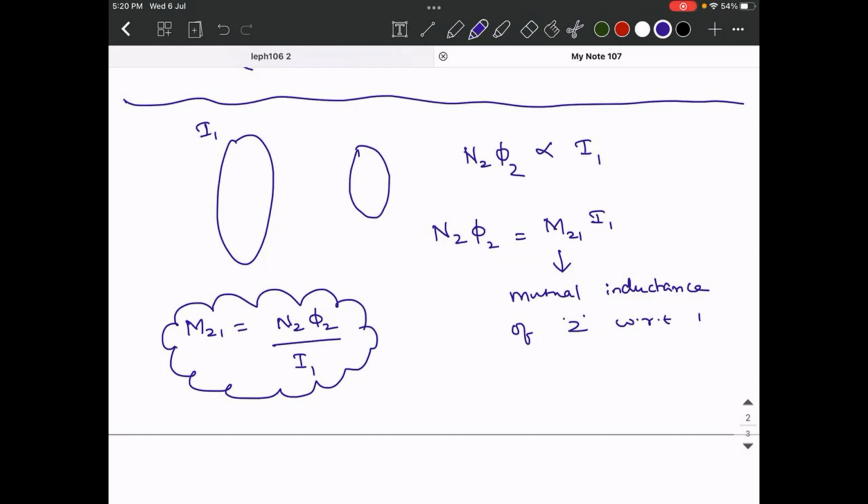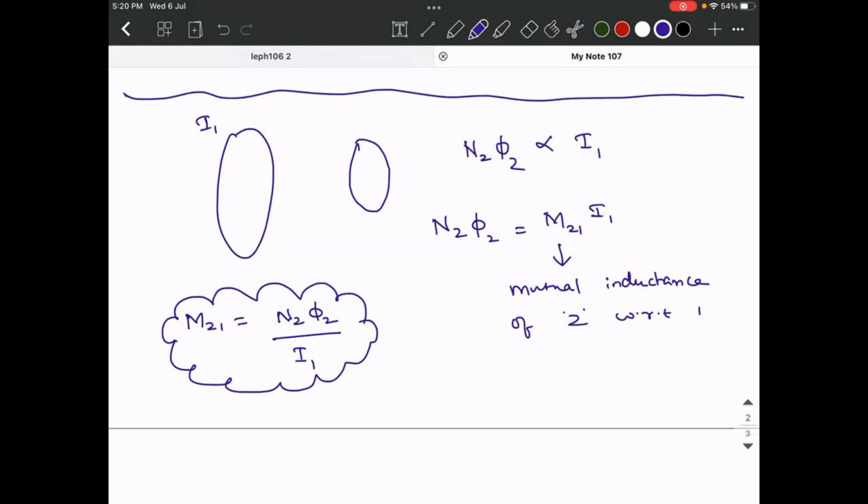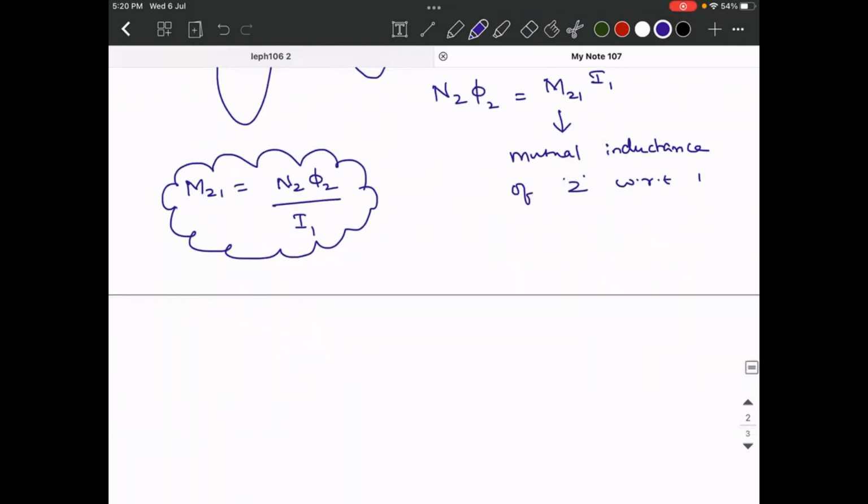Okay. Now, if I swap the values, in the sense, if I make the second coil the primary coil, so in this scenario, I'm writing it as 2, for example. I am passing the current through the secondary coil and EMF is induced in the first coil.